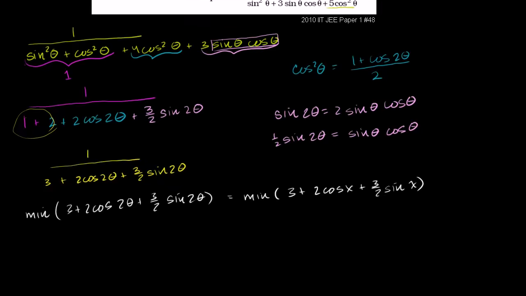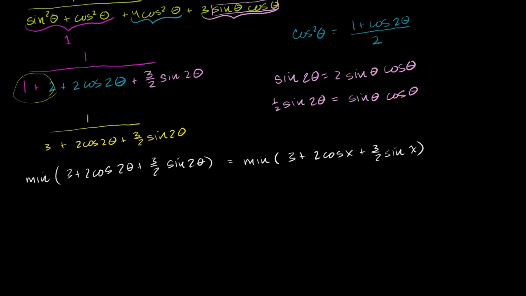And my temptation is to take the derivative, find out where the derivative is equal to 0, and then that will either be a maximum or a minimum point. So let's take the derivative. The derivative of this expression with respect to x: derivative of 3 with respect to x is 0. Derivative of 2 cosine of x is negative 2 sine of x.